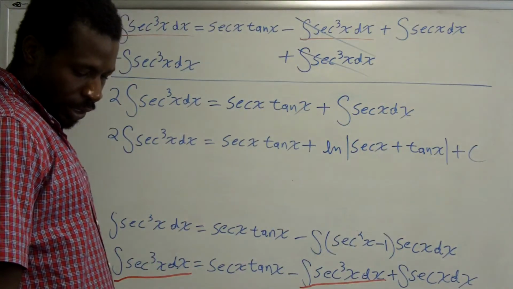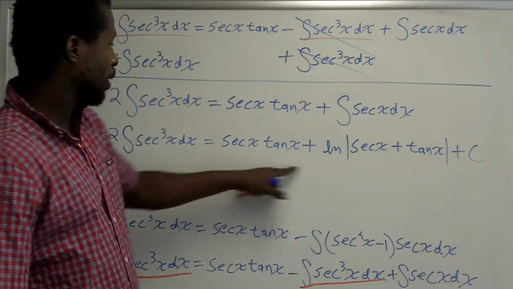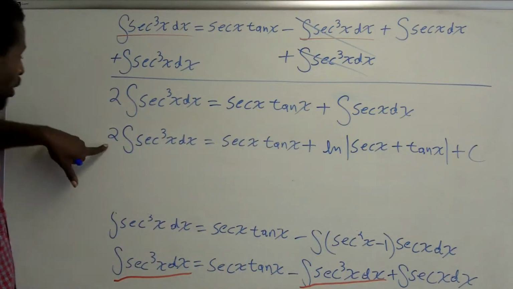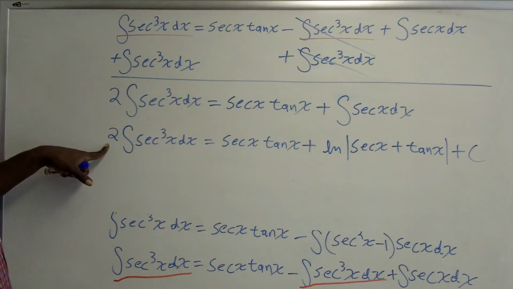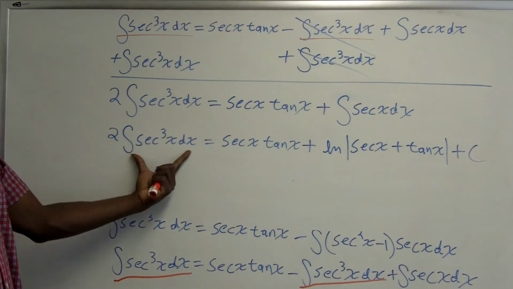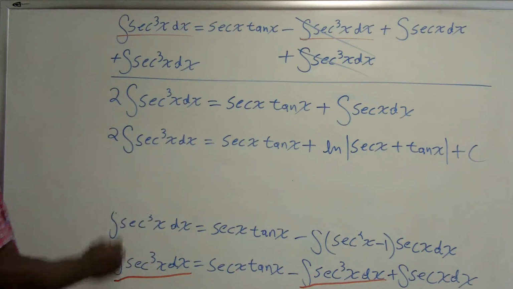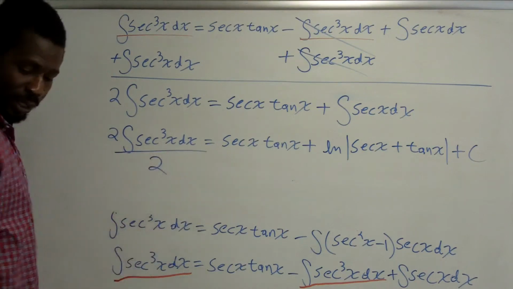So that is twice the integral I'm looking for. So if I want to find what this integral equals, I just divide both sides by 2. And I get this.